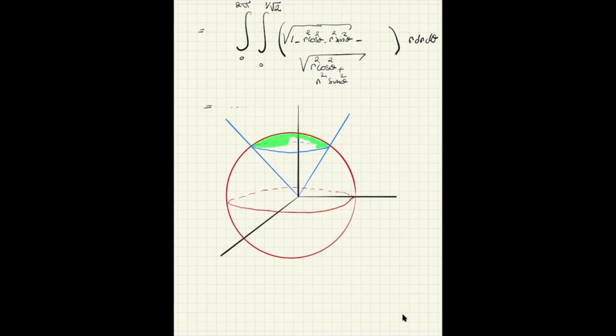Under the sphere and above the cone, right?